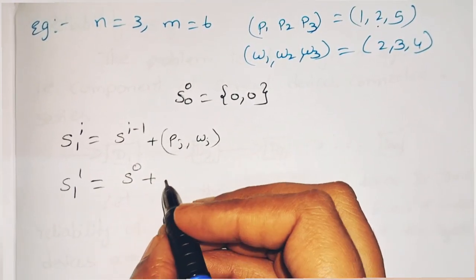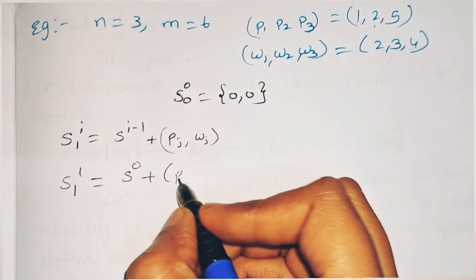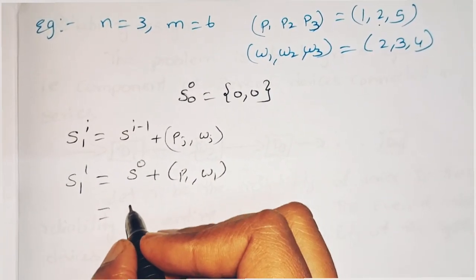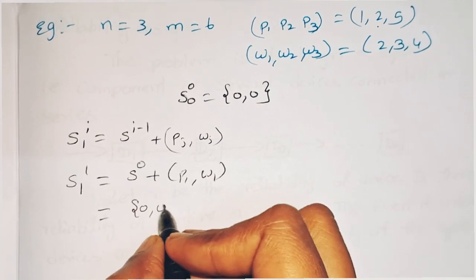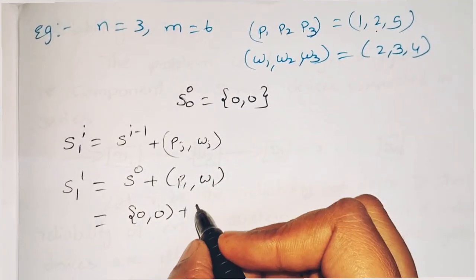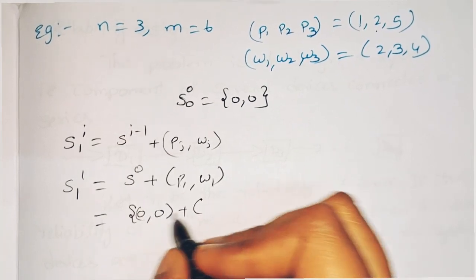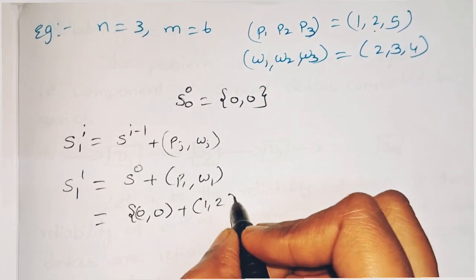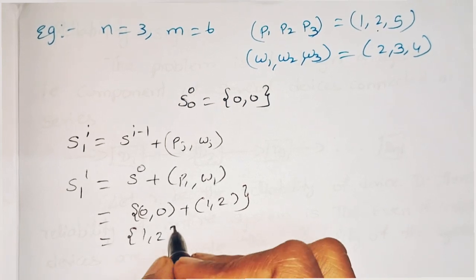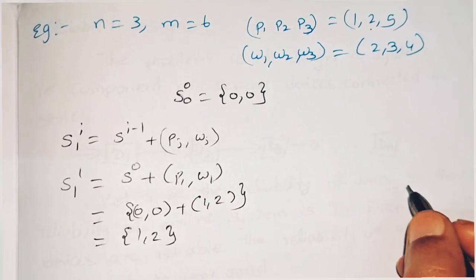So in the next step we write (0, 0) plus the profit and weight of the first item, (1, 2), which equals (1, 2).